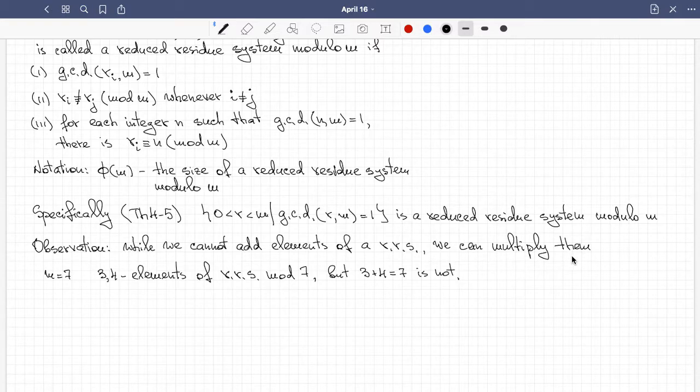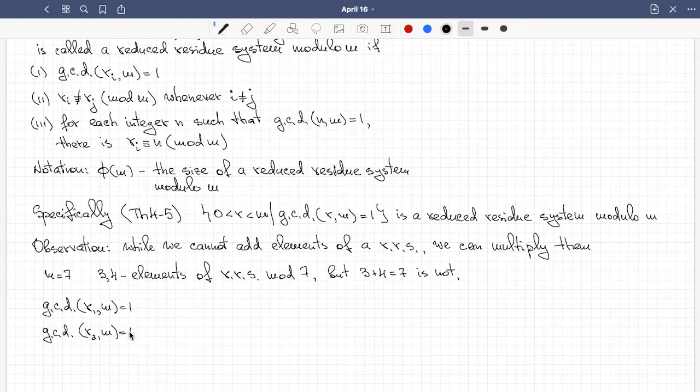Let us check that in the general setting modulo m, whatever m is, we have that the greatest common divisor of one element, R1, and m is 1. At the same time, the greatest common divisor of another element, R2, and m is also 1.